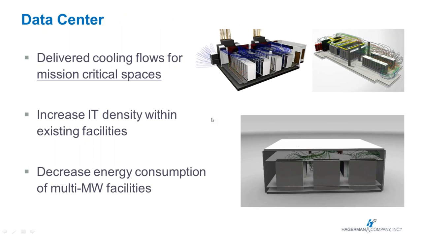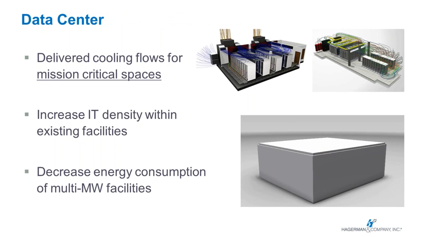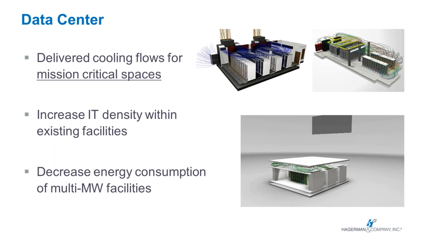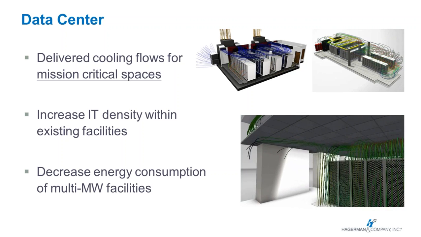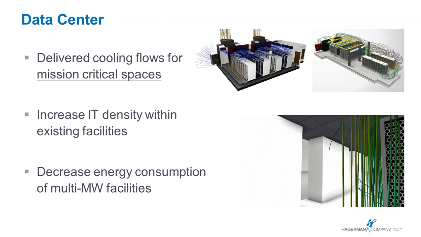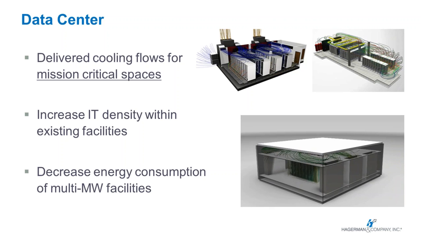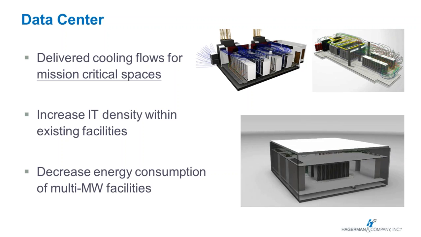I mentioned that I talked a little bit about data centers. The delivery of cooling flows is really important in these mission critical spaces. We want to increase IT density within existing facilities. No sooner has a facility been created, then we're cramming more blade servers in there and things. That just contributes to the increased heat flow and also energy consumption, trying to optimize that.